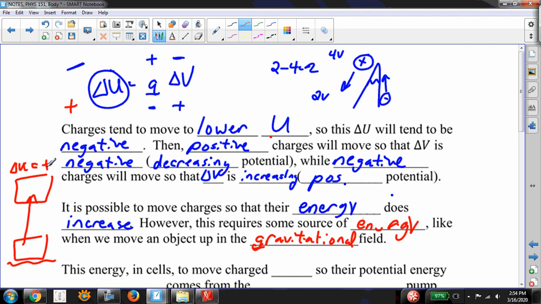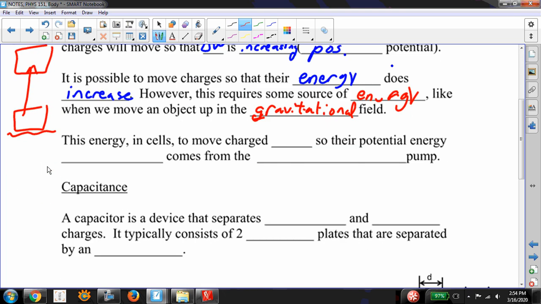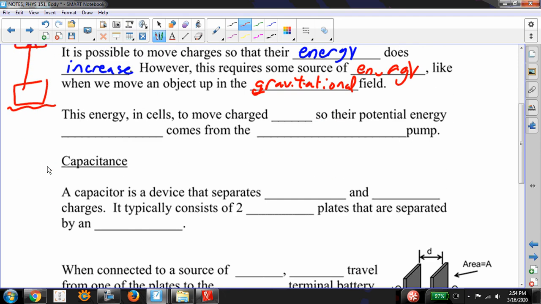It has a positive delta U, but it had this outside source of energy that's actually doing work on the object. And we have that in our cells. To move charged particles, or to move charged ions, so their potential energy increases, that's going to come from something called the sodium-potassium pump.